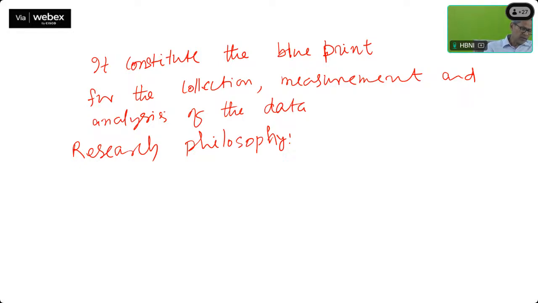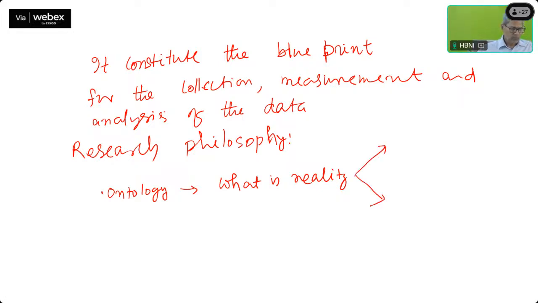There are certain key concepts in research philosophy. One is what is called ontology. Ontology means what is reality. This can have two thoughts. In all this scientific research, we say that there is only one reality.